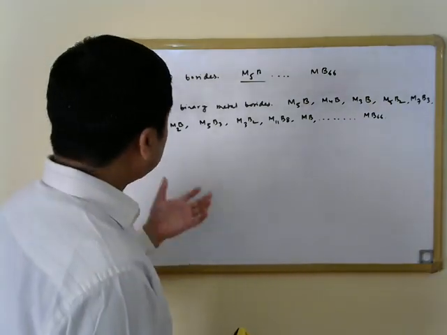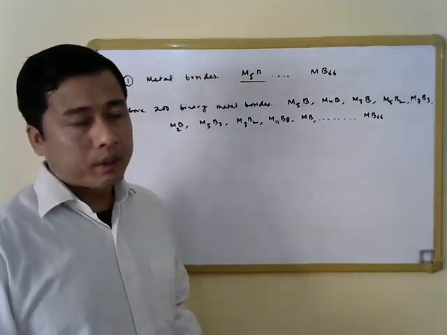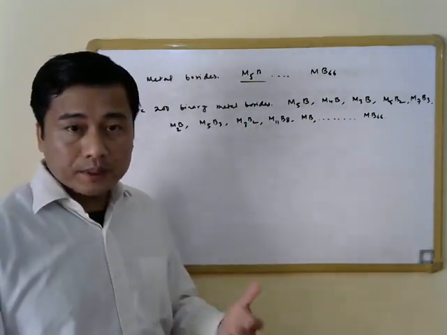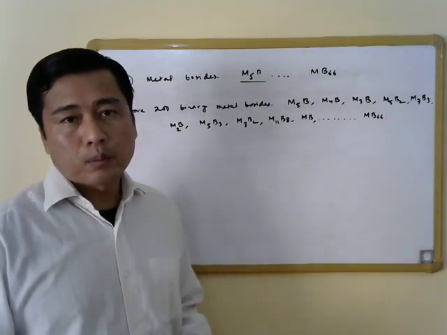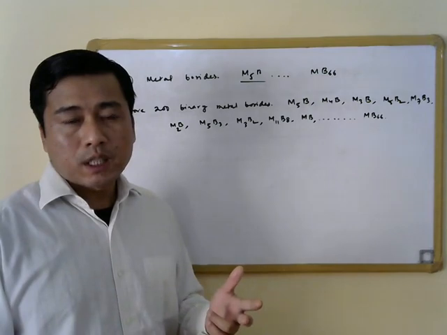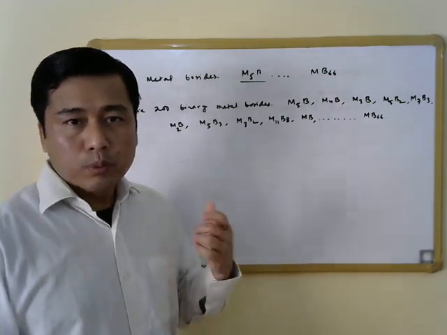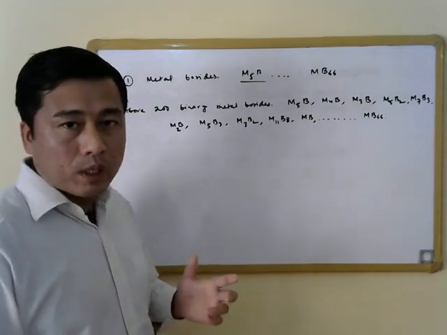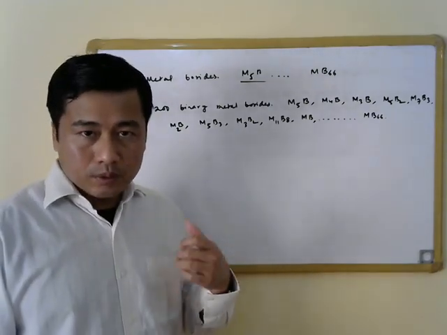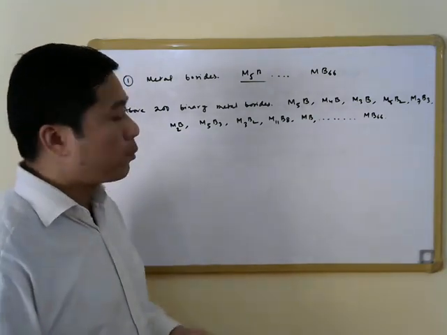Apart from these binary metal borides, one can also have non-stoichiometric borides, as well as ternary metal borides, where more than two different metals are present along with boron, as well as even more complex metal borides where multiple different metals are present within the same metal boride.